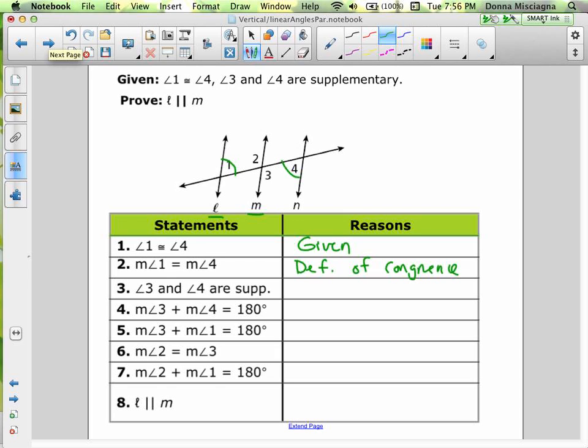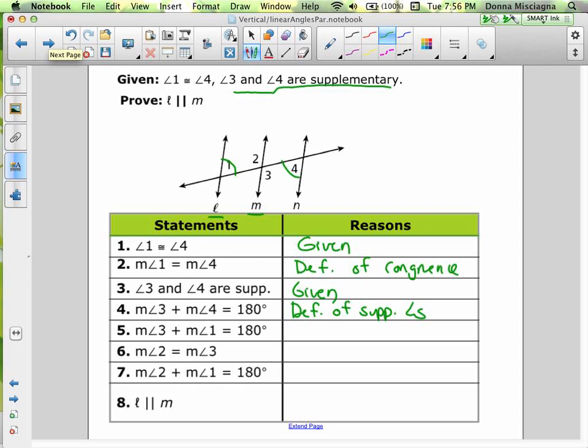Angle 3 and angle 4 is supplementary, right off the top here, given. Angle 3 and angle 4 is supplementary means that they add to 180 because that's what the definition of supplementary angles is. Measure of angle 3 plus the measure of angle 1 equals 180.